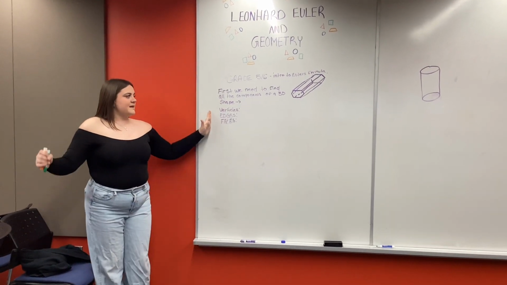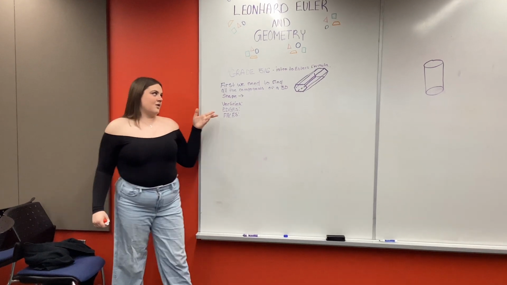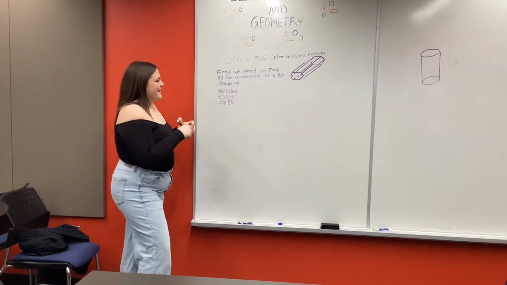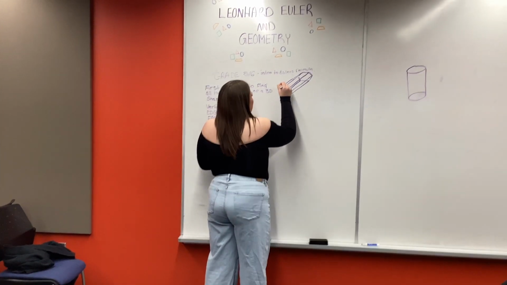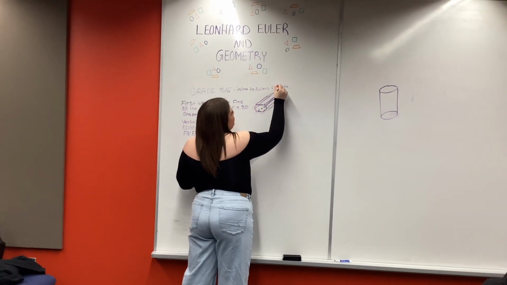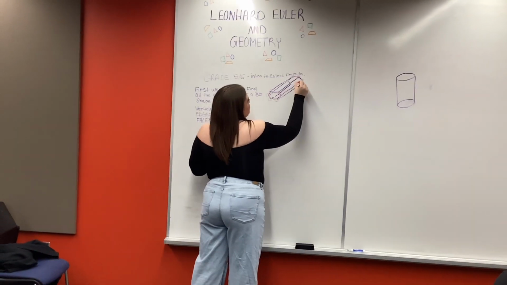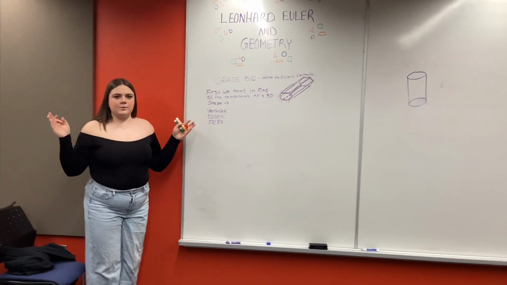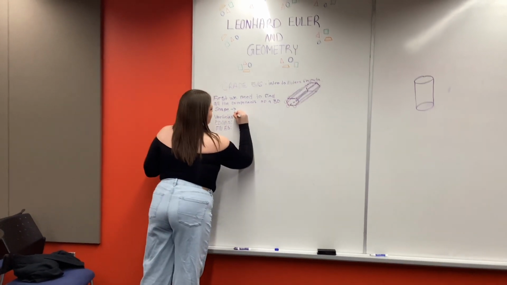And can anybody tell me how many vertices there are in this prism? 7. Okay, let's count. 1, 2, 3, 4, 5, 6, 7, 8, 9, 10, 11, 12. So a hexagonal prism has 12 vertices.